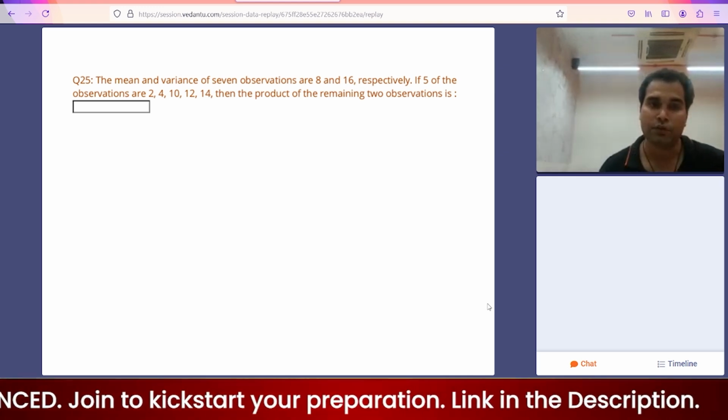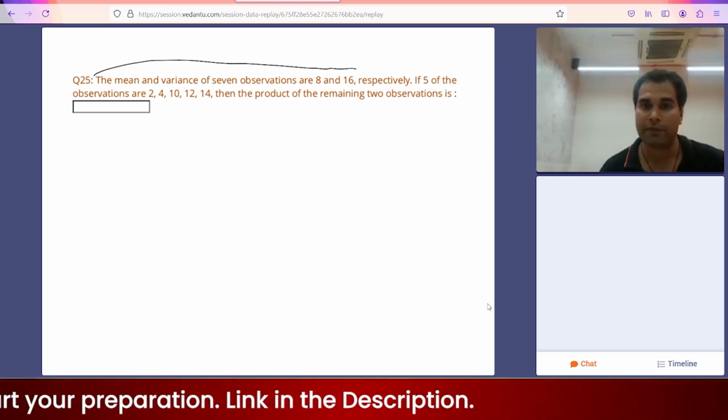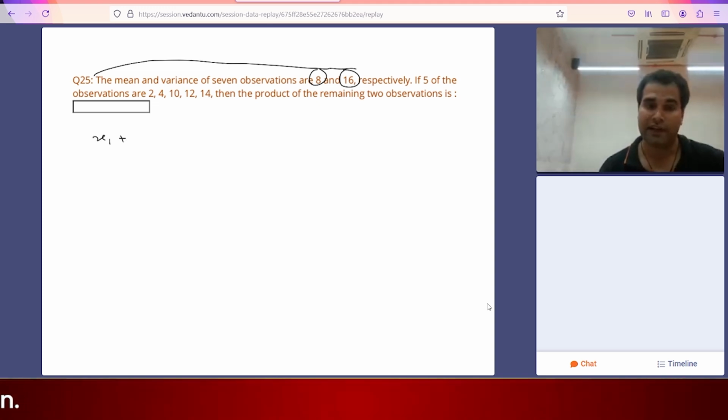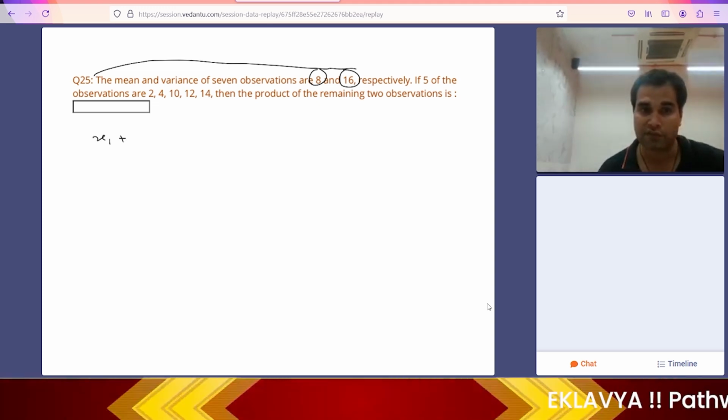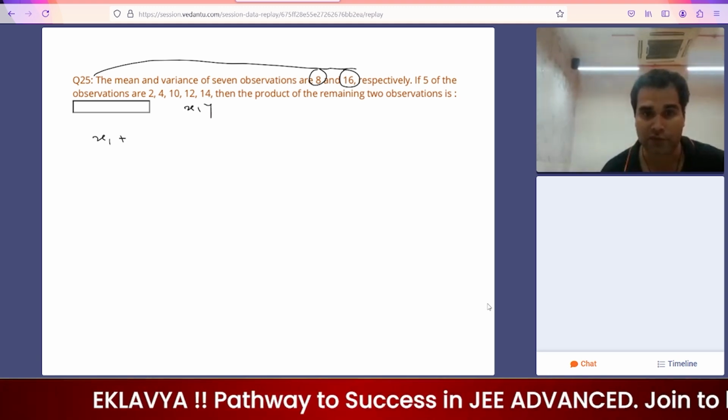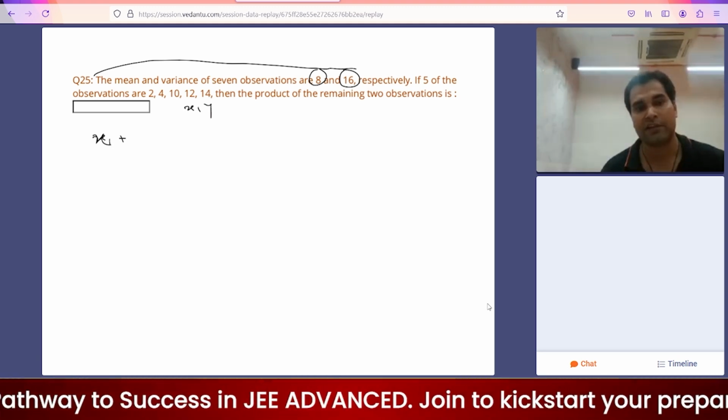Now the next question: the mean and variance of 7 observations are 8 and 16. Mean means sum of observations upon the number of observations. Let the two unknown observations be x and y.